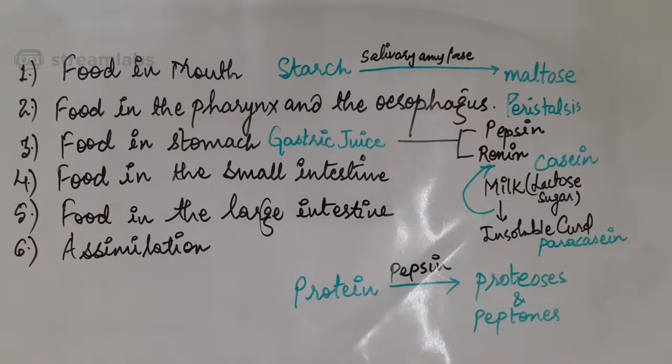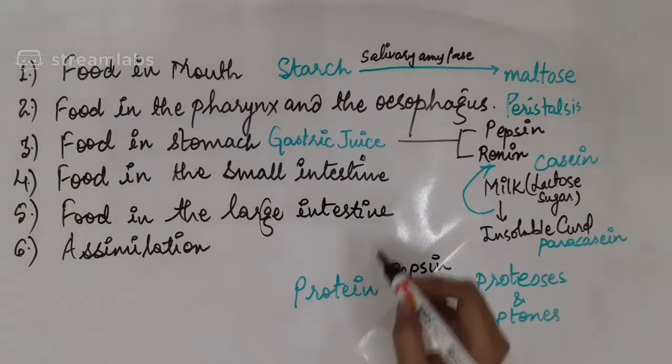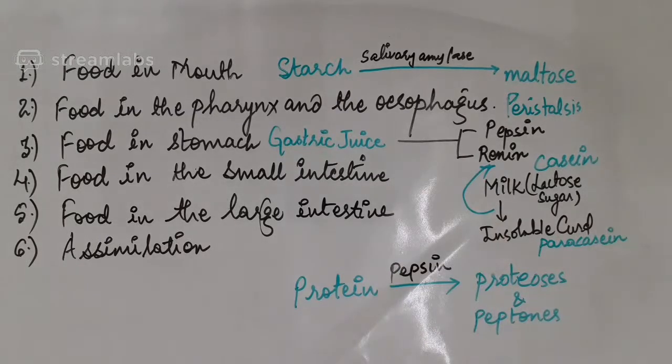In the small intestine, the food which is called chyme goes, and in this part there are the secretions of liver and the pancreas, that is bile and pancreatic juice.